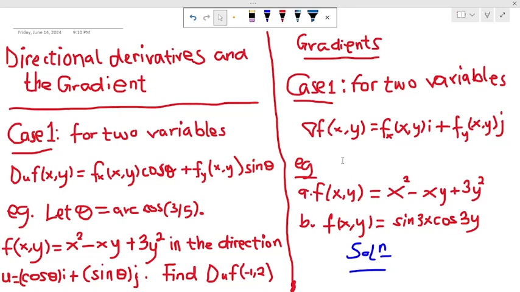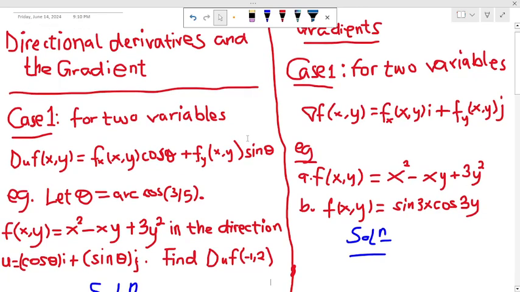We are basically going to consider the first cases of directional derivative and gradient. In the first case, we are going to consider a function of two independent variables. So let's quickly start with directional derivatives.